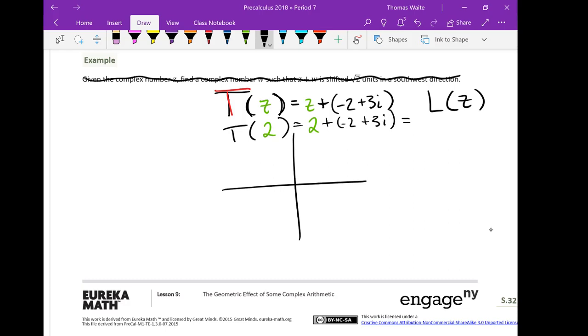I can do this out algebraically. The 2 and negative 2 combine to 0 plus 3i. So it looks like our point 2 originally, 1, 2, would be right here. This transformation transformed it to the point 0 plus 3i, right up here, T of 2.